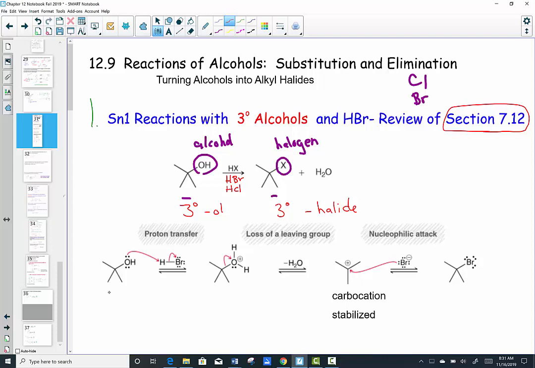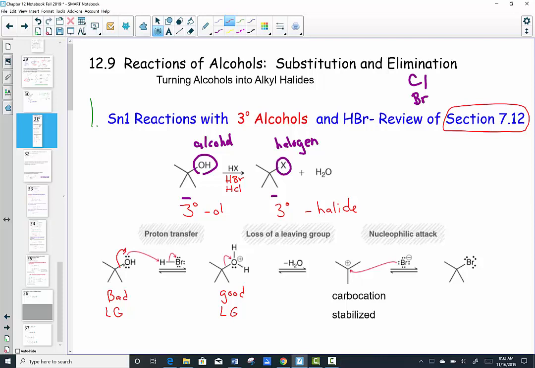Now remember, we said that the alcohol is a bad leaving group, and so we still need that primer step to turn that alcohol, hydroxyl OH, into a better leaving group, and that's the source of the proton on the HBr. So again, this hydroxyl group is a poor leaving group. It doesn't pick up its electrons and just leave.